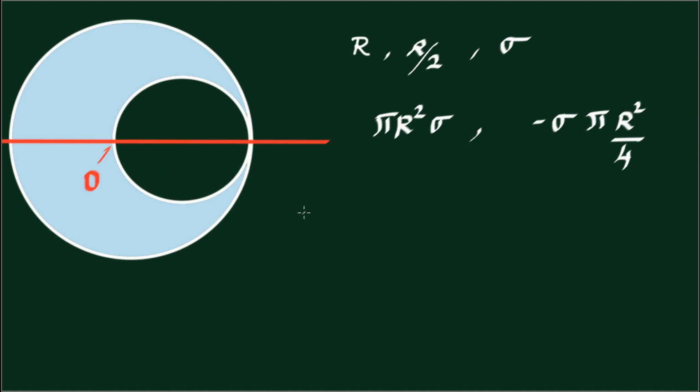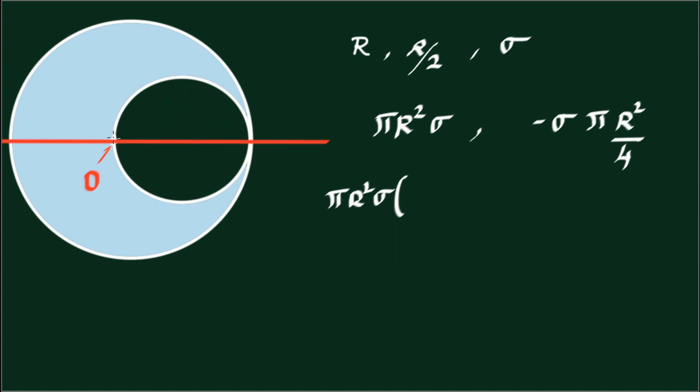So when we want to find the center of mass of this composite object consisting of the full disk and the negative mass smaller disk, it's going to be m1x1 plus m2x2 by m1 plus m2. So it's going to be pi r squared sigma as m1. Its x coordinate is here.